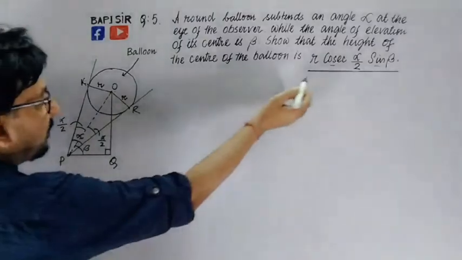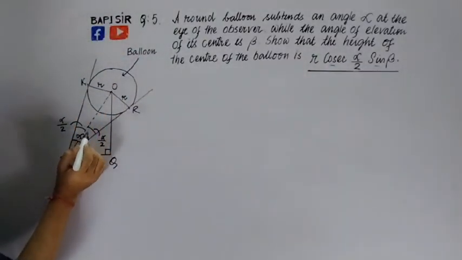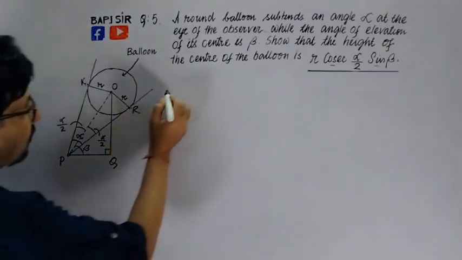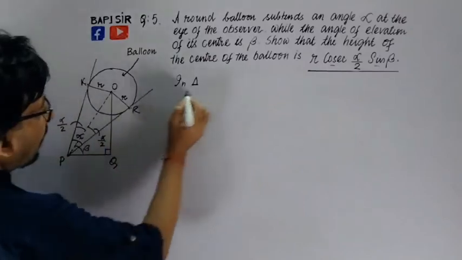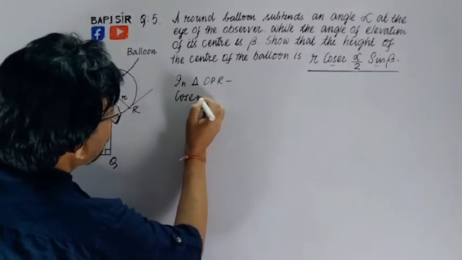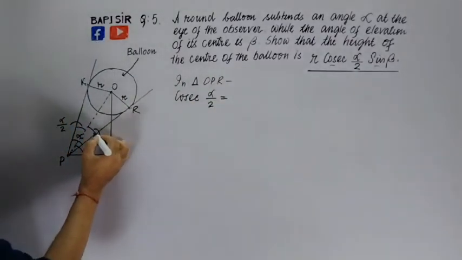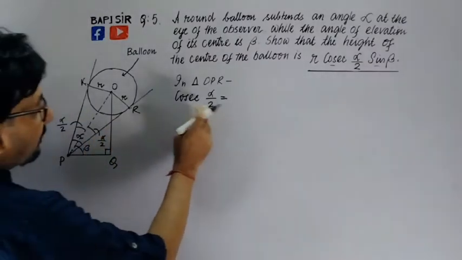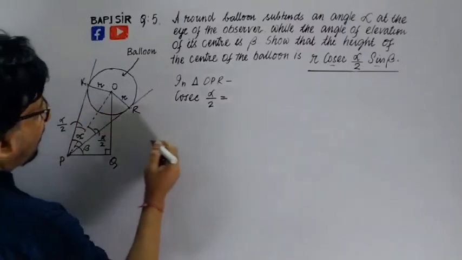Now first of all you find cosec alpha by 2. Where is alpha by 2? Here, this angle is alpha by 2, so angle OPR is alpha by 2. So in triangle OPR, cosec alpha by 2 means hypotenuse by perpendicular.